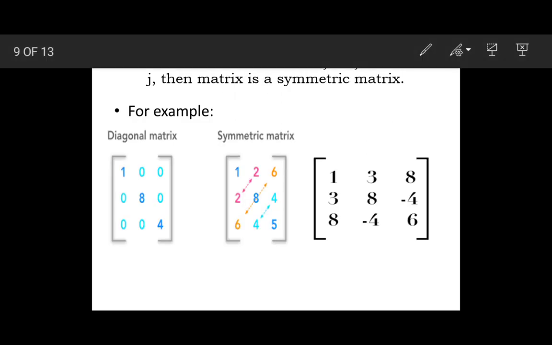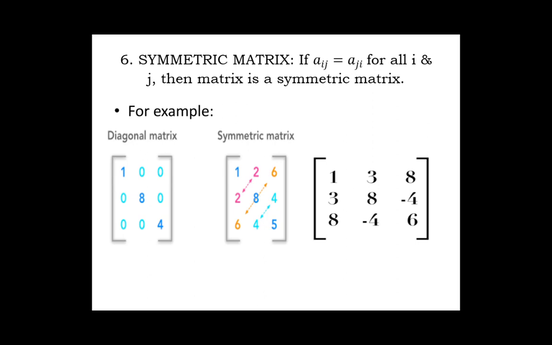Now next, symmetric matrix. What is a symmetric matrix? If Aij is equal to Aji, right? Now what do you mean by Aij?